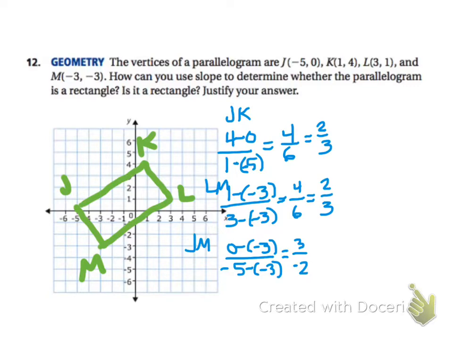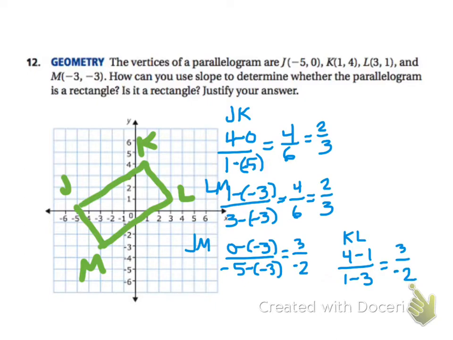And finally, KL is the last one I have to check. So the slope of KL is 4 minus 1 over 1 minus 3, so 3 over negative 2. JM and KL are also parallel.